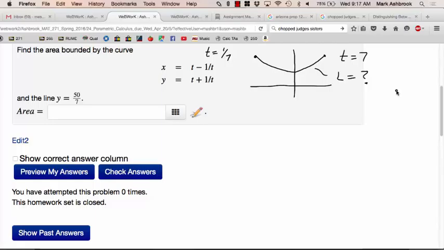And so what did we do before? I'll exaggerate it here. We started with line segments.